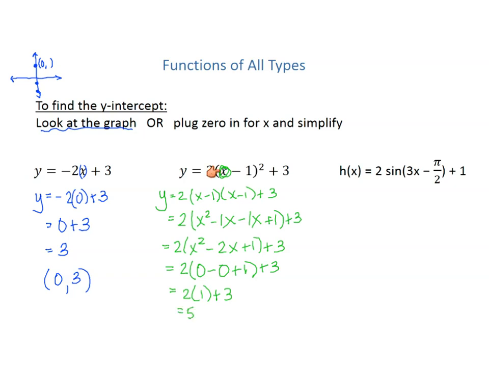If I put 0 in from the beginning, then I would have 2 times (0 minus 1) squared, which is negative 1 squared, plus 3, which is 2 times 1 plus 3, which is also 5. But as you can see, much shorter if you plug the 0 in right at the beginning. But this was good because it gave us a little extra practice in foiling. All right, so then this point, our y value is 5, so the point would be (0, 5).